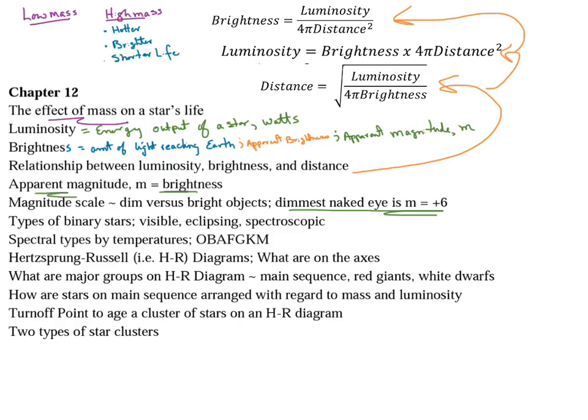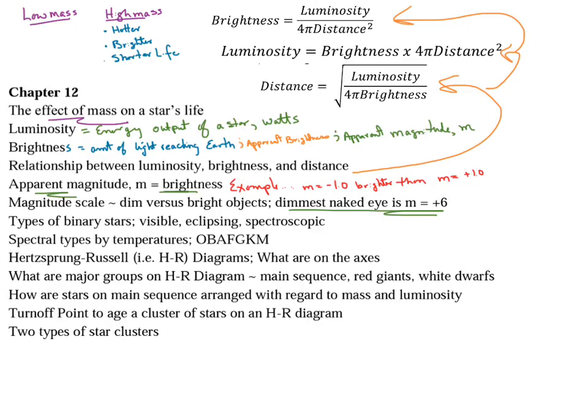And remember that it seems a little backwards, that for example, a magnitude of minus 1.0 is actually brighter than a magnitude of plus 1.0. So keep that in mind. The scale is based upon the dimmest that you can see with your unaided eye, without binoculars or anything, which is a magnitude of plus 6.0.